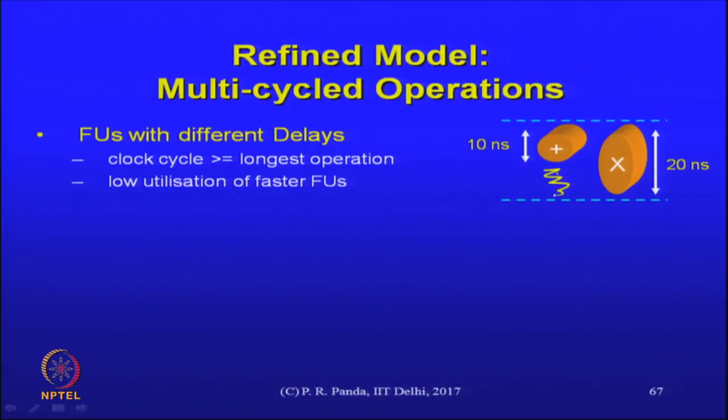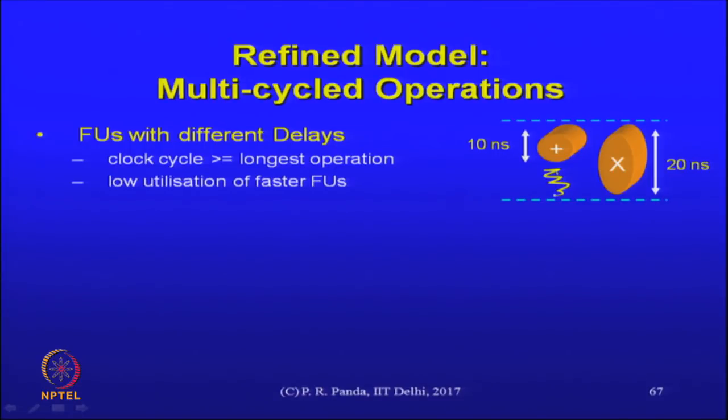So, in general, let us just relax that assumption that the delays have nothing to do with the clock period. So, if they have nothing to do, if the clock period were 20 nanoseconds or greater, then we are okay, nothing changes. But what if it was less?